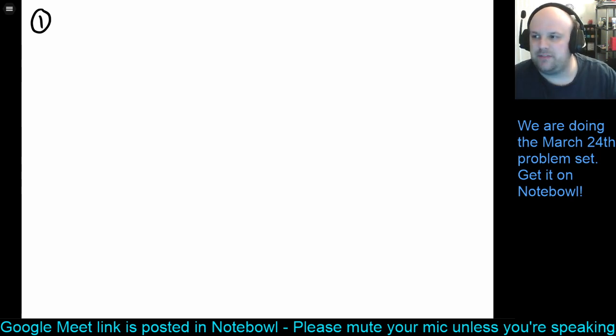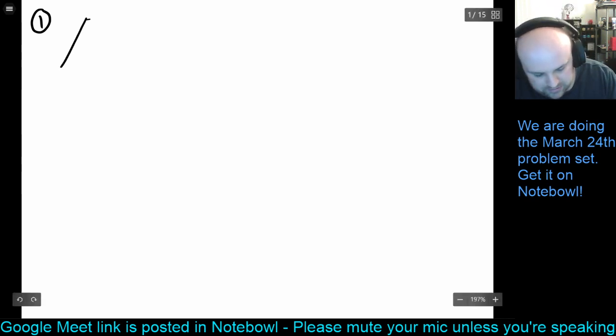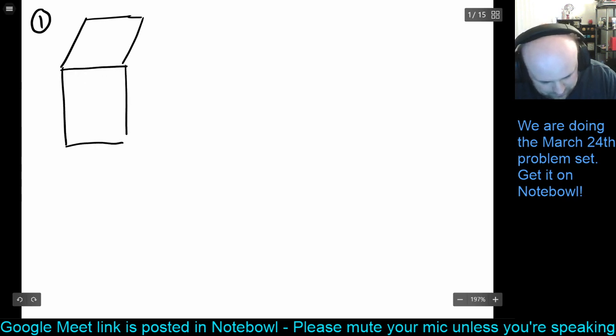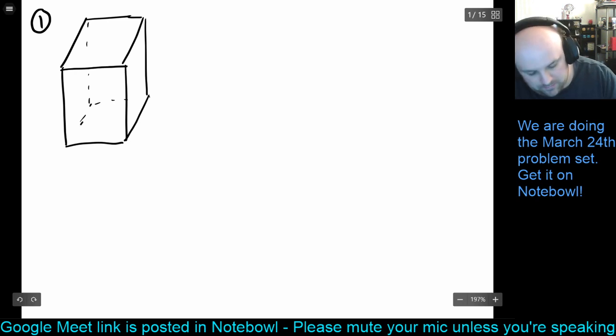We have a box with a square base and no top. I'll try my best to draw a box with a square base. All right, so here we have a box. And I want to emphasize that on this side, there is no top here, right?